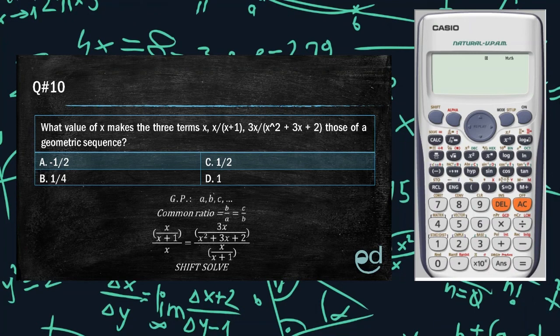For this problem, we will assume a geometric progression A, B, and C, which are the first, the second, and the third term respectively.